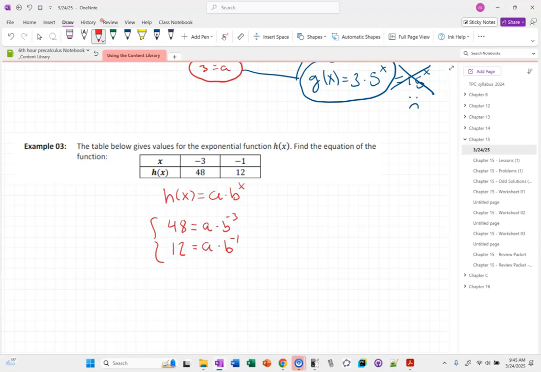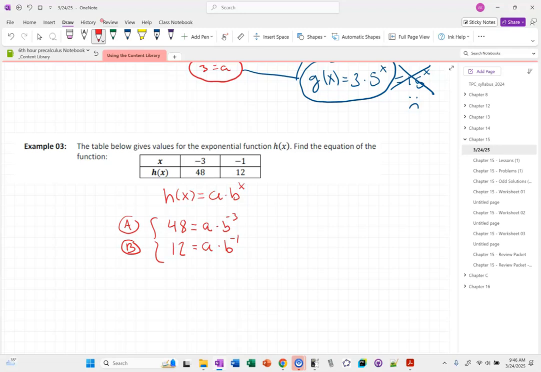So we're still going to do elimination, but it's going to look a little different, because instead of adding and subtracting the 2 equations, since my variables are being multiplied, I'm going to be dividing the 2 equations. It doesn't matter whether I take equation A and divide it by equation B, or equation B and divide it by equation A. But I can make my life a little bit simpler if I'm careful here.